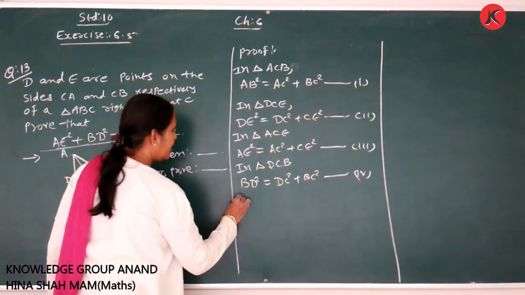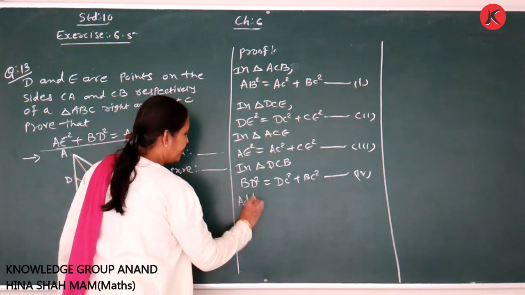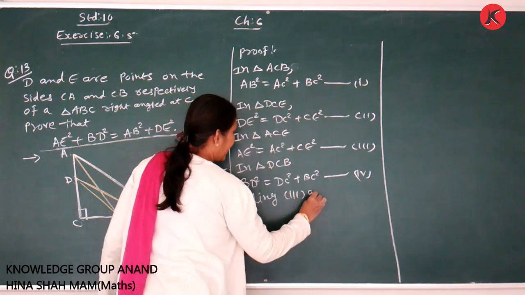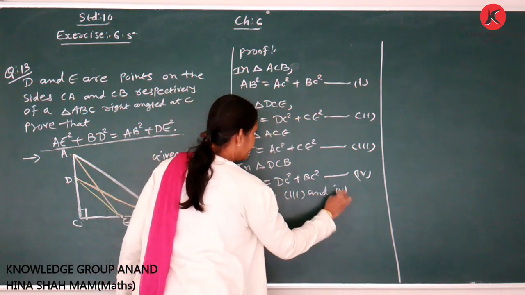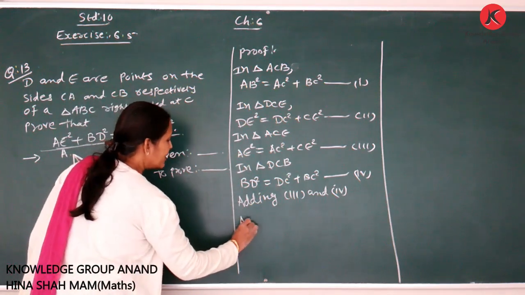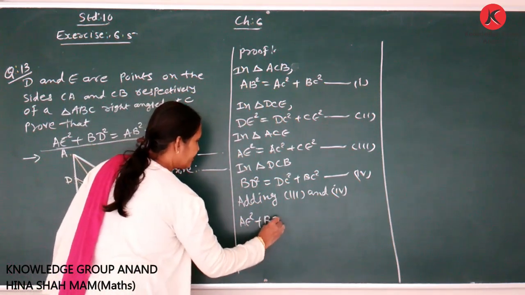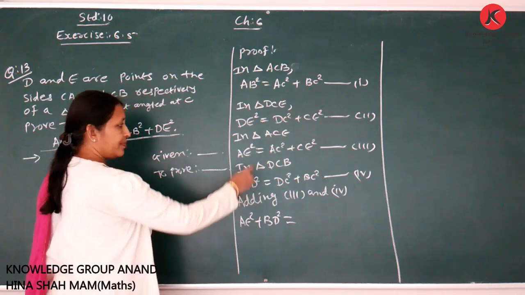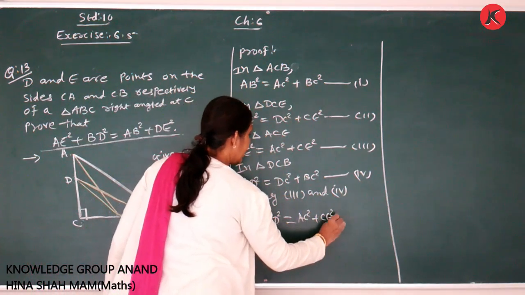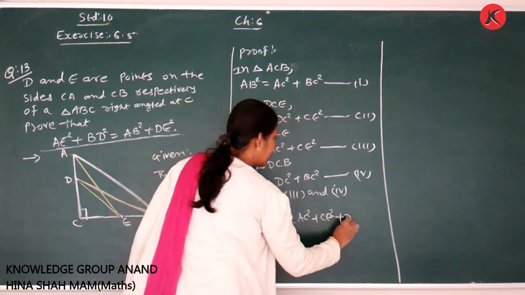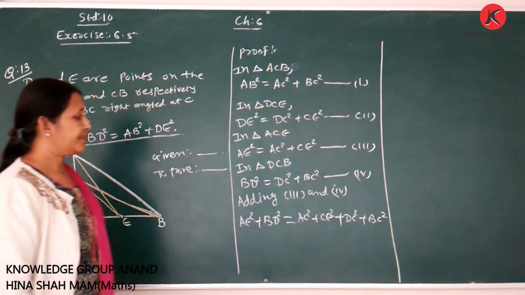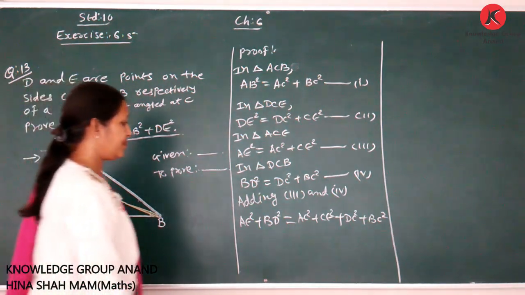We do here adding 3 and 4. AE square plus BD square is equal to AC square plus CE square plus DC square plus BC square. Arrange the terms.